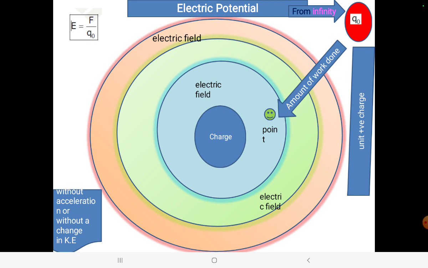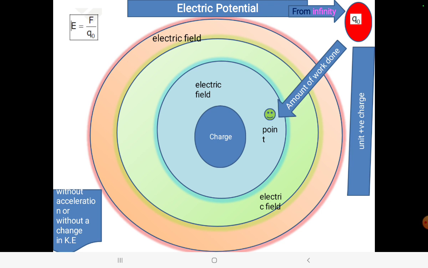So how much energy I am using, that is nothing but electrical potential, without acceleration or without a change of kinetic energy. Yes, the speed should be constant. That means the acceleration should not occur at the moment of the positive charge. That is nothing but kinetic energy.